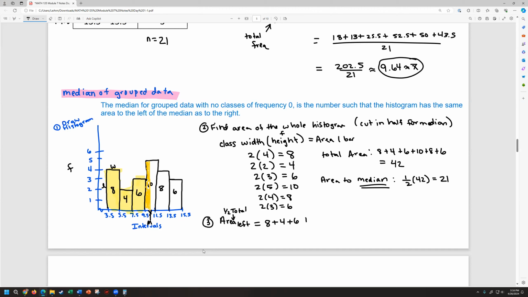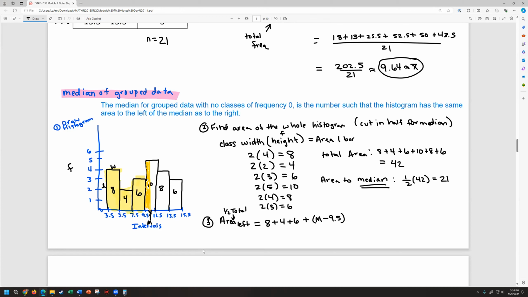Then we have to do a special situation. We don't know how far we're going into this bar. We do know we are going from 9.5 to something. So what we do is say the class width for this last little mini rectangle is M, the median, because that's going to be somewhere in the part of this bar, we don't know where, minus the distance we went, which would be 9.5.